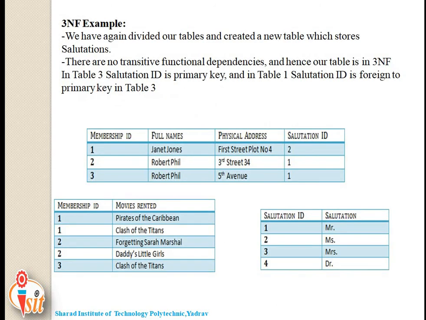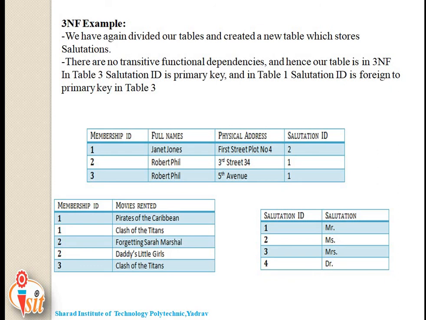Here one example of third normal form is given. We have again the first table, it includes membership ID, full names, physical address, salutation ID. Now this table is broken into two tables: membership ID, movies rented, and salutation ID, salutation. Now we have again divided our table and created a new table which stores salutation.